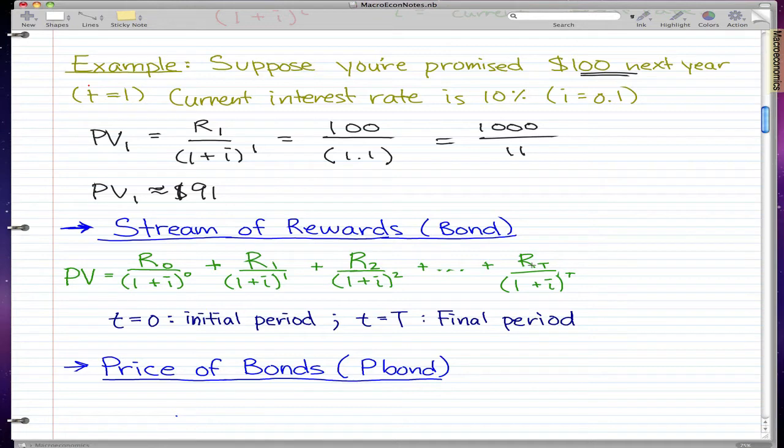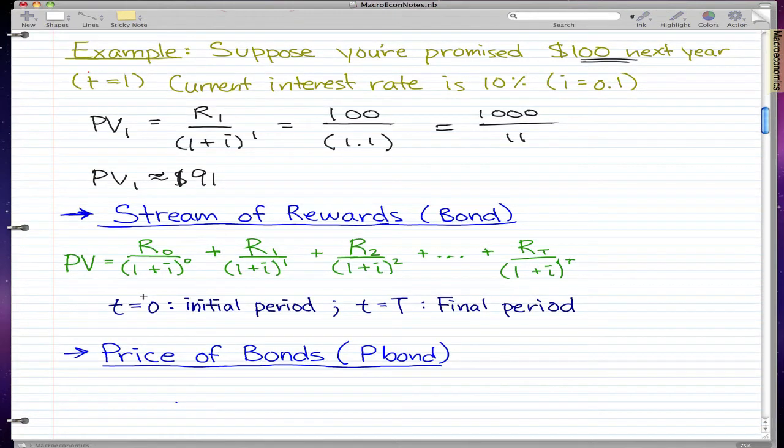T can be any integer, so say that t is 5, then we calculate r0 over (1 plus i) to the power of 0, r1 over (1 plus i) to the power of 1, all the way to r5 over (1 plus i) to the power of 5.